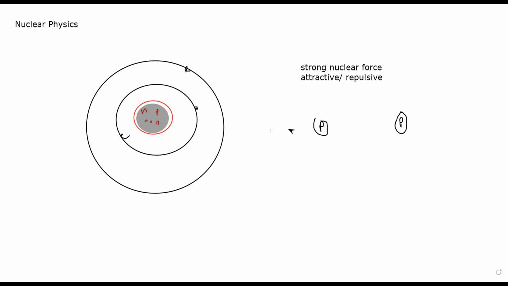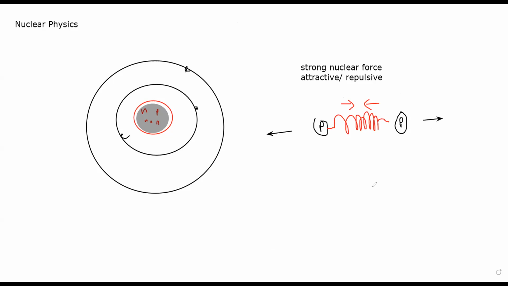If these two protons are moving away from each other, what this strong nuclear force will do is try to pull them back towards each other. So the direction of strong nuclear force is to pull them back so that they will remain closer to each other so that they will not leave the nucleus.